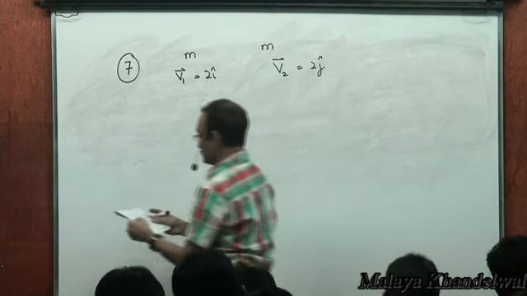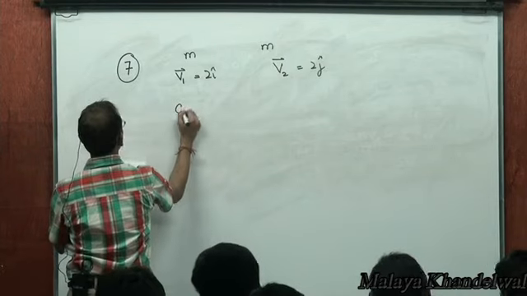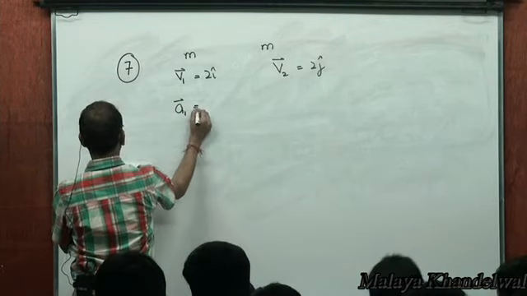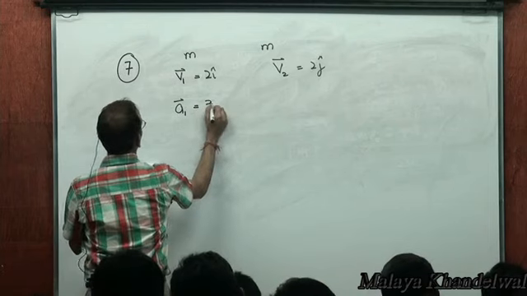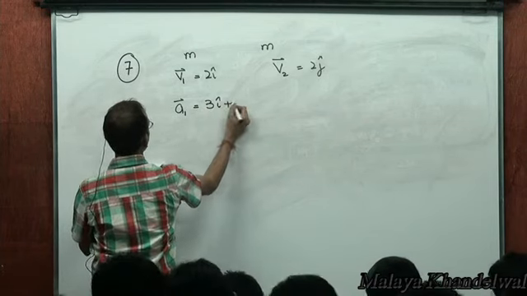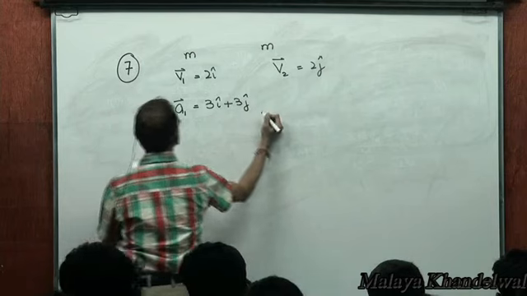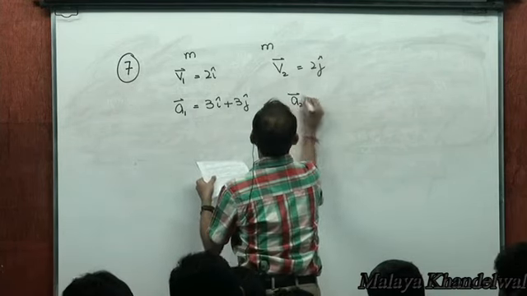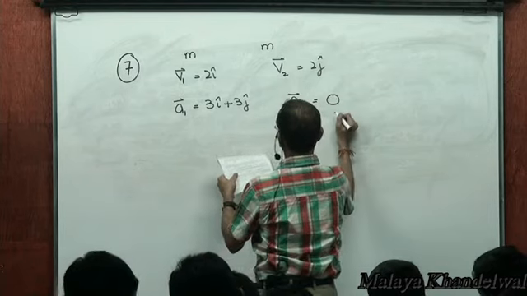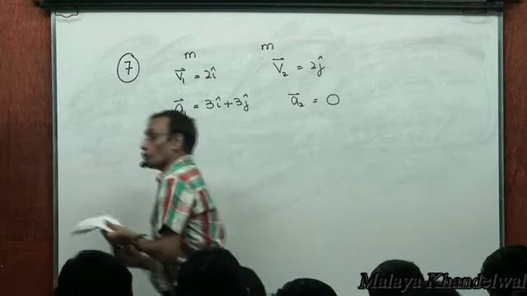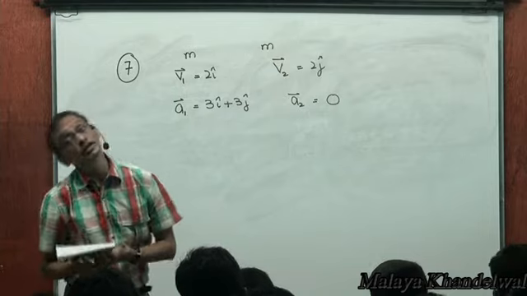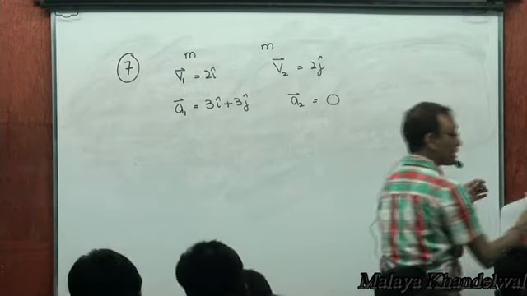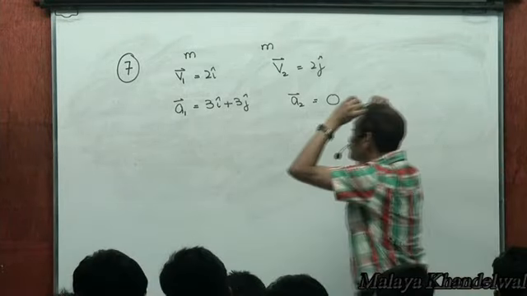The first particle has an acceleration A1 given by 3 i cap plus 3 j cap meters per second squared, whereas the acceleration of the second particle is 0. We want to figure out the trajectory of the center of mass of this unit.